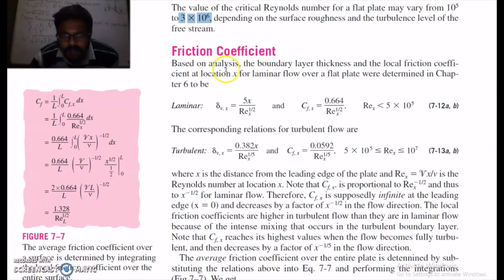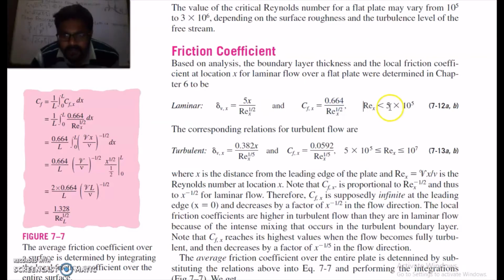Friction coefficient. Based on analysis, the boundary layer thickness and the local friction coefficient at location x for laminar flow over a flat plate were determined. So this is for laminar: the boundary layer thickness, which is a function of Reynolds number, and the friction coefficient, which is also a function of Reynolds number.